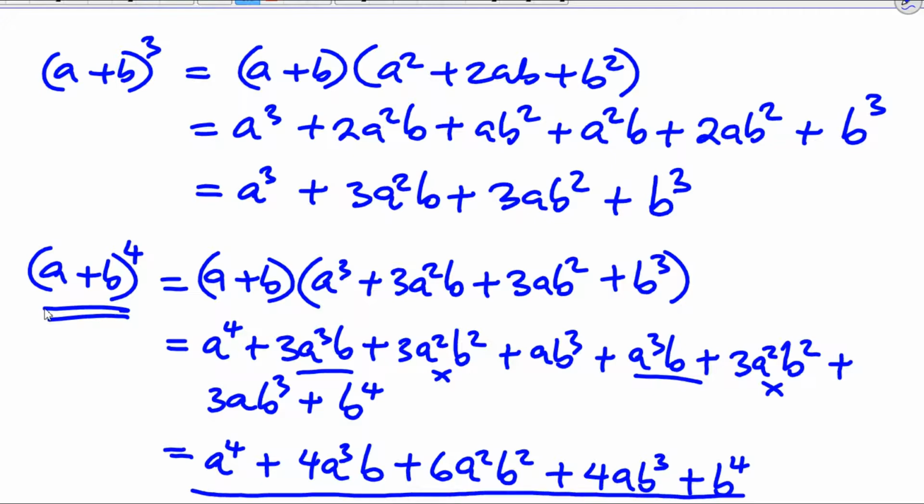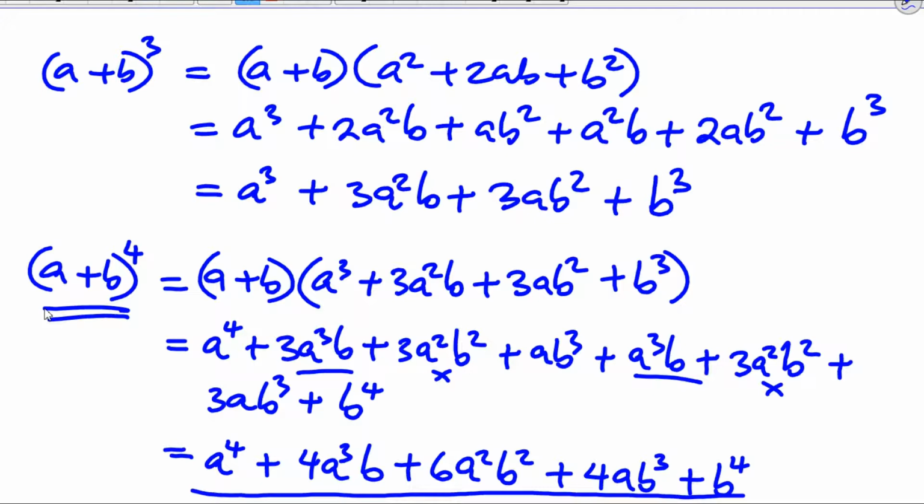We did expand it using this method. But we now want to look at each term and look at the powers of a and b and see if we can come up with something.